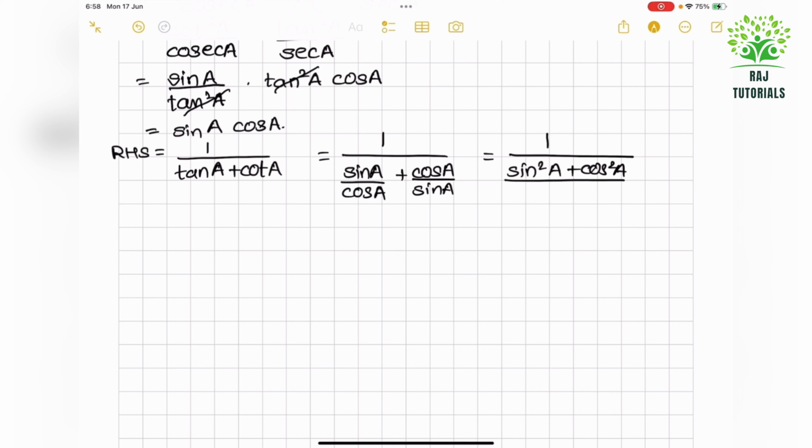So making it LCM there, sine square A plus cos square A upon sin A cos A. Now denominator will be numerator: sin A cos A upon sine square plus cos square, which is 1. So I got sin A cos A.